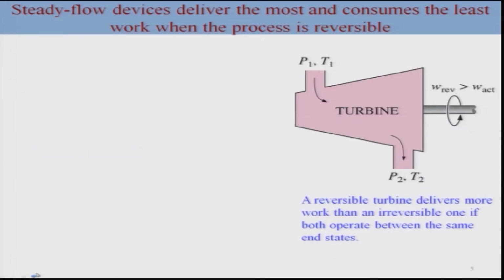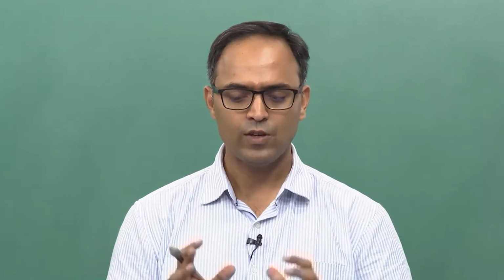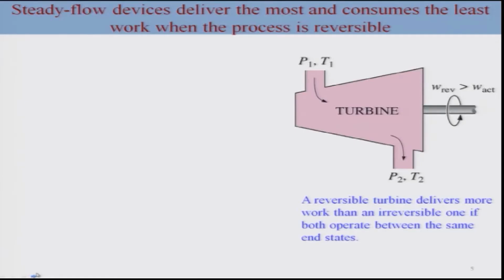Okay. Now let us look at the case, and we have discussed this aspect earlier also, that the steady flow devices deliver the most and consume the least when you consider the process reversible. So we looked at this particular aspect when we were discussing boundary work, and here we can now derive it very rigorously.